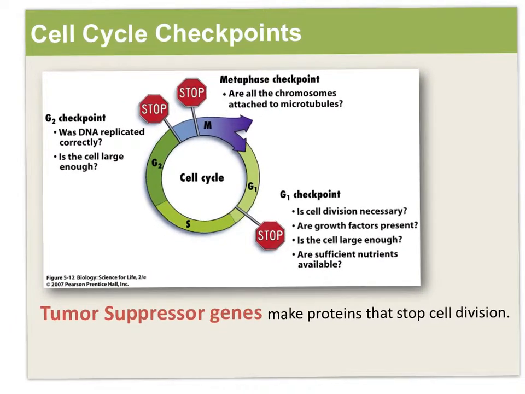Now, tumor suppressor genes. There's a whole bunch of different kinds. Some are expressed more often in certain tissues than others. When a cell starts exhibiting perhaps certain things on its outer shell that show that it's starting to replicate uncontrollably or there's something wrong with it, there are these tumor suppressor genes that are expressed and produce certain proteins.